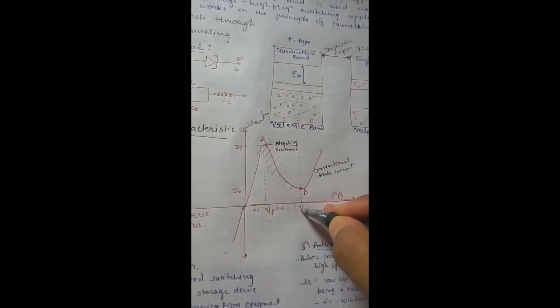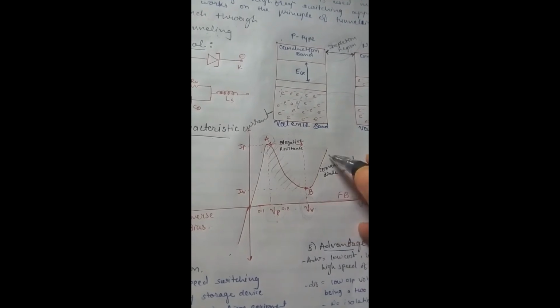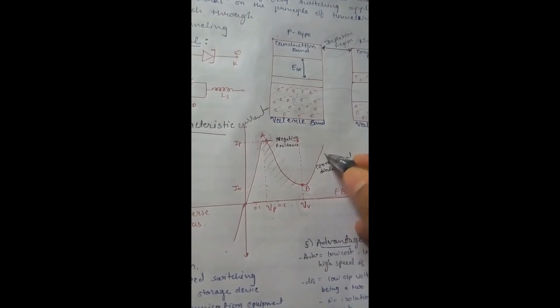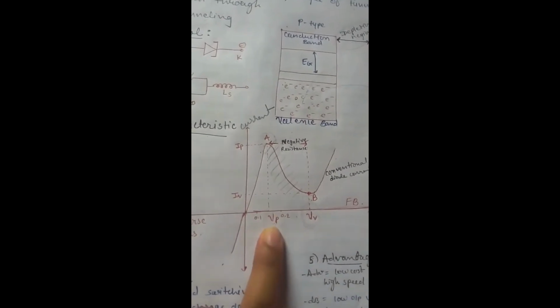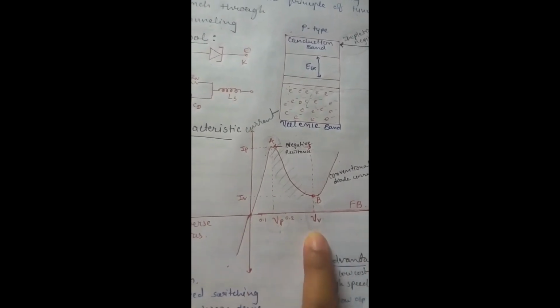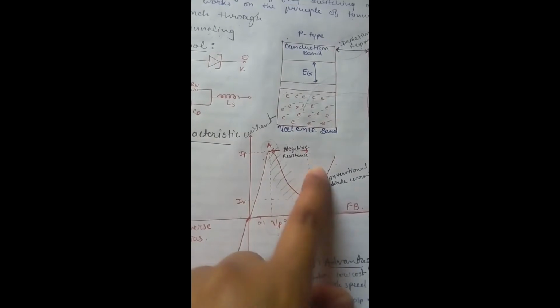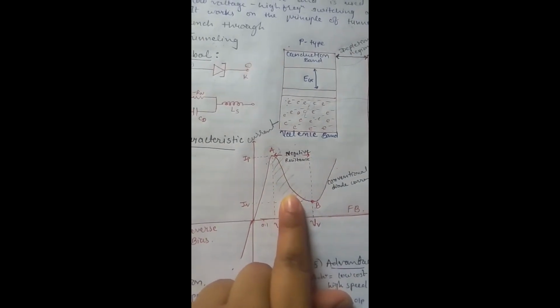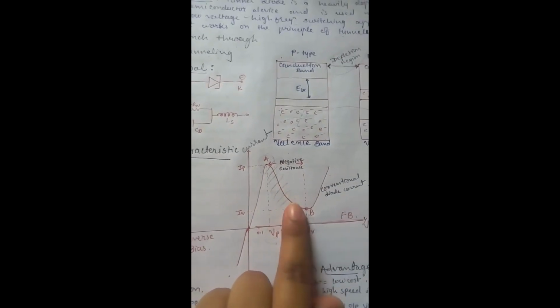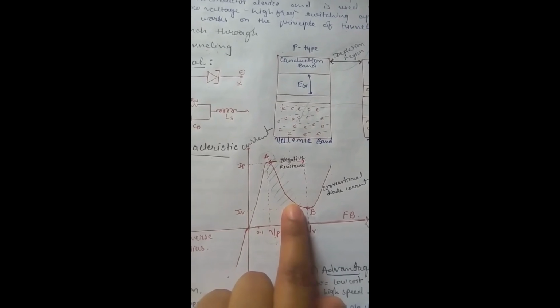It means it will work as a closed circuit. In the same way, after the valley voltage, a tunnel diode will work as a conventional diode. Up to that, this region between the peak voltage and the valley voltage, which is negative resistance, is more important to understand. Hope you understand this.